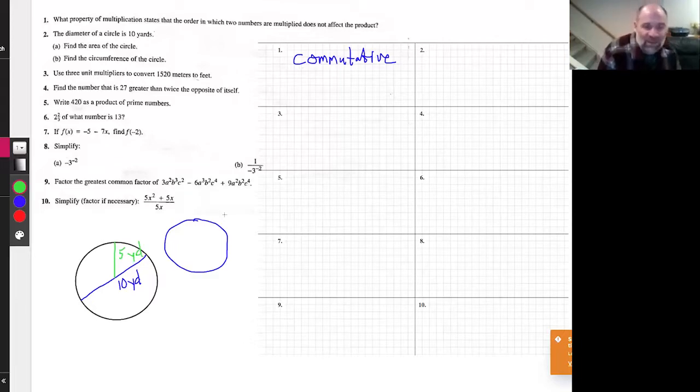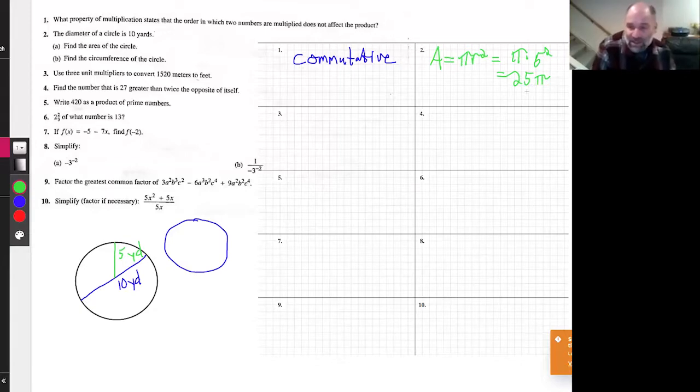So we're trying to find the area and the circumference. So area equals pi r squared. Okay, so if we plug in our numbers, it's just pi times 5 squared, or in other words, 25 pi, right?